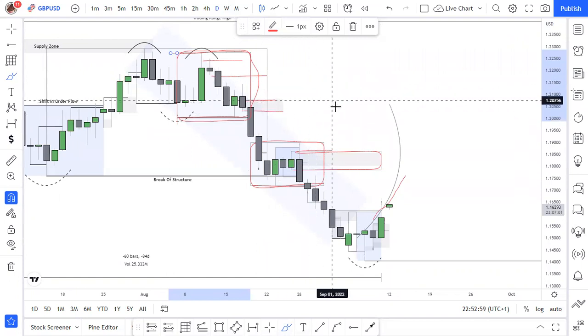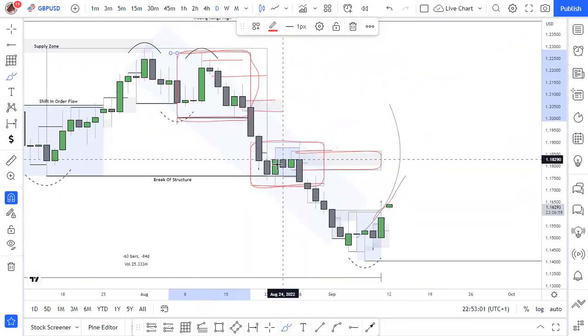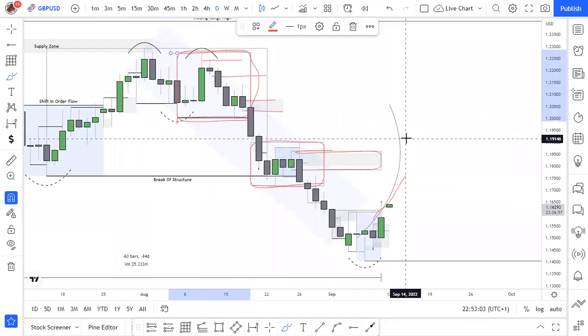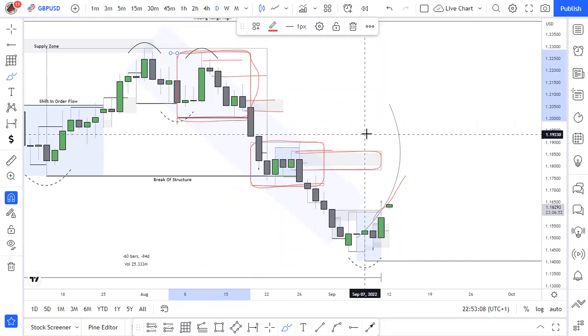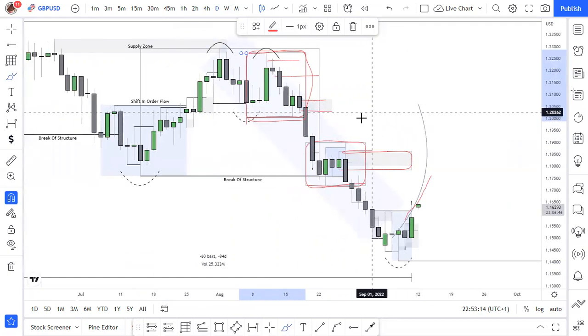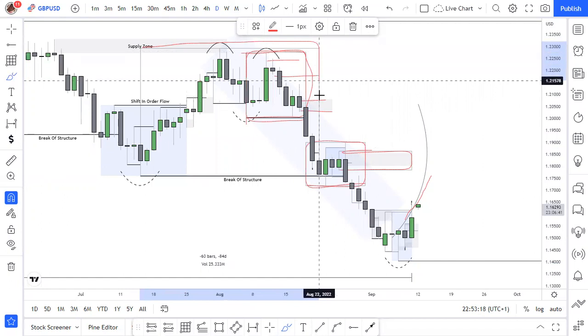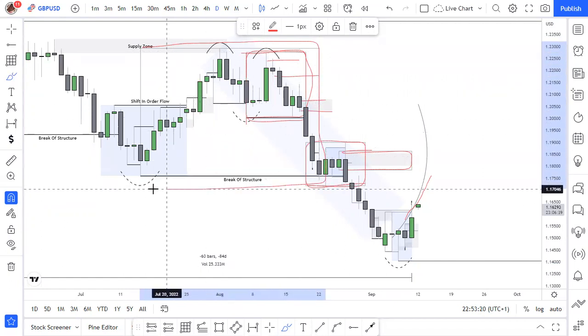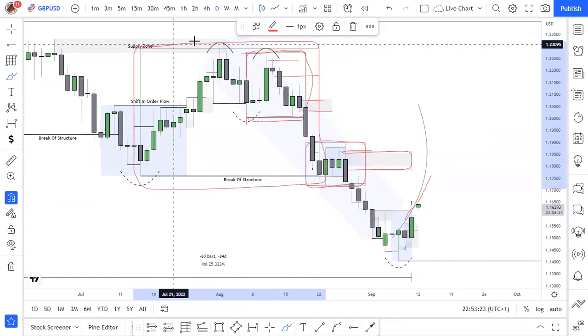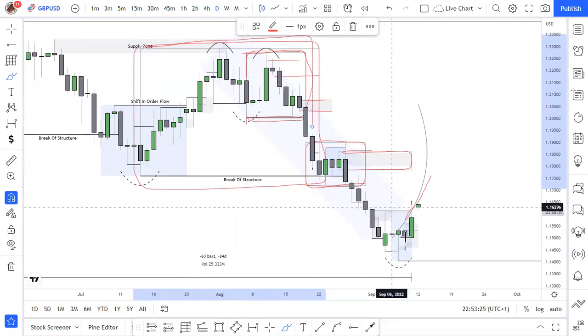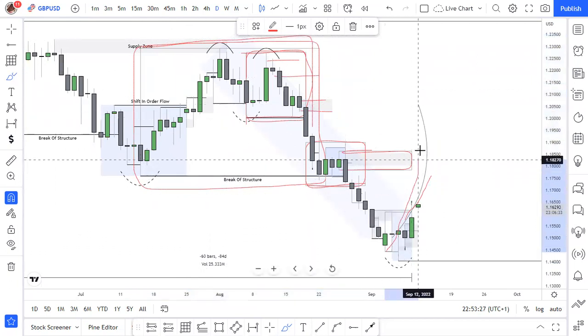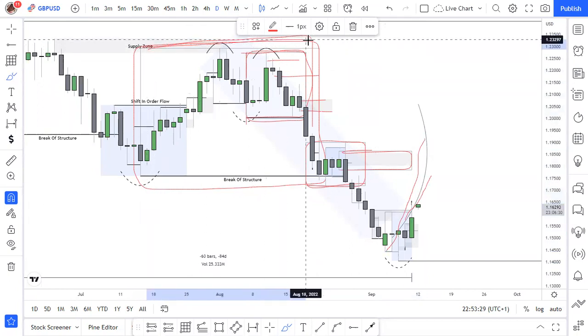If price pulls back into any of these ranges, we just watch the price action within the range and see if we can take a sell directly from the range, or if we need to wait for some kind of confirmation. You can also say this is the whole supply range based off the daily time frame. We just want to see price pull back to anything within this range.